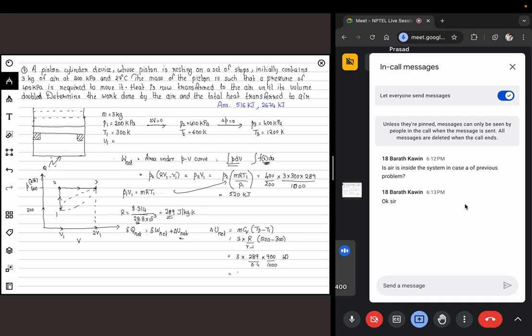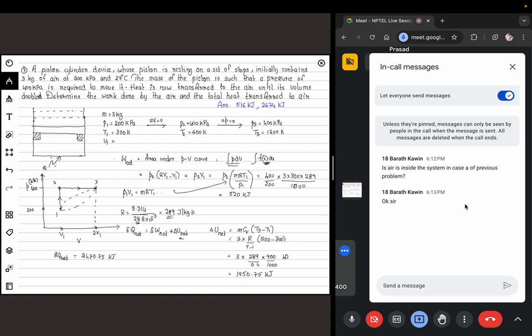I'm getting a value of around 1950.75. So the net heat transfer will be the sum of these two, the work done and the net change in internal energy. Here the gas is expanding, so the work done is by the system, so you can consider that to be positive. So Q net is 520 plus this. That is coming to around 2470.75.